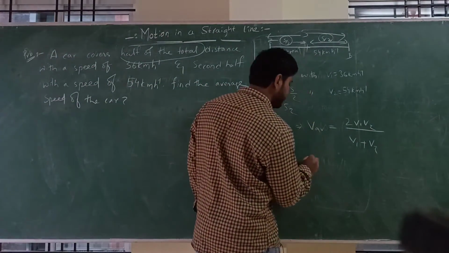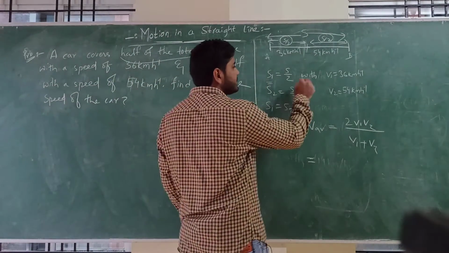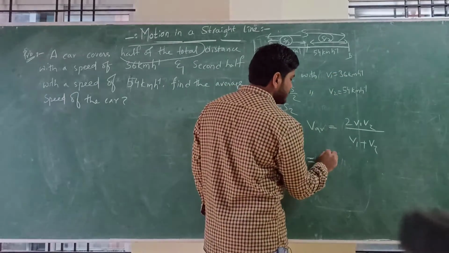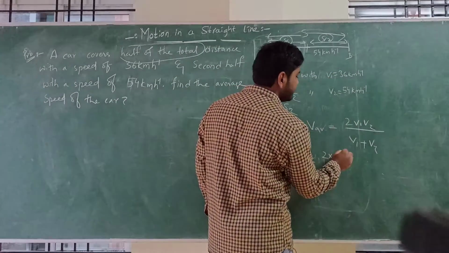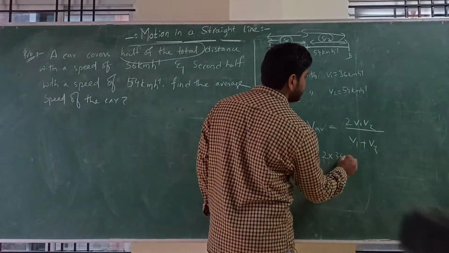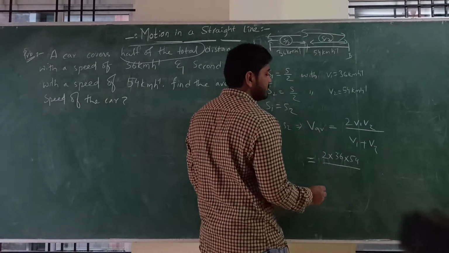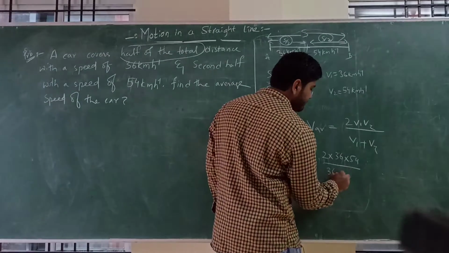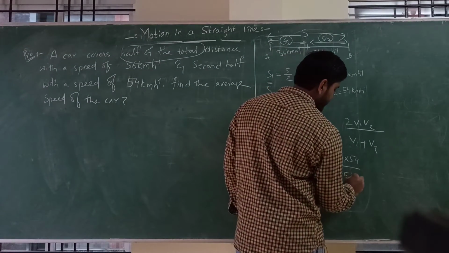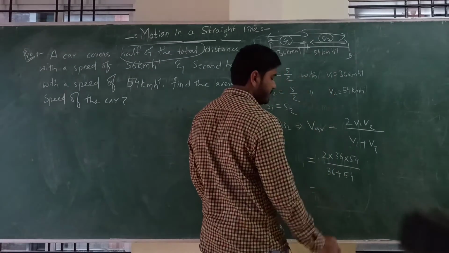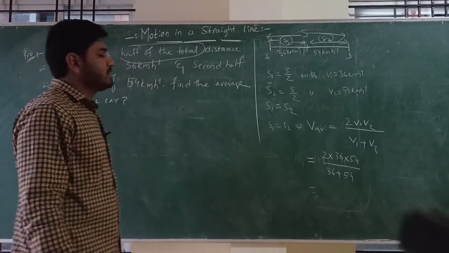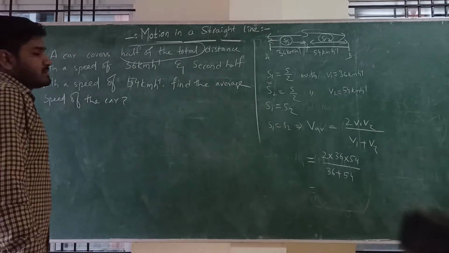Now just substitute everything. V1 is 36 and V2 is 54, so 36 into 54 divided by V1 plus V2, that is 36 plus 54, which is 90.